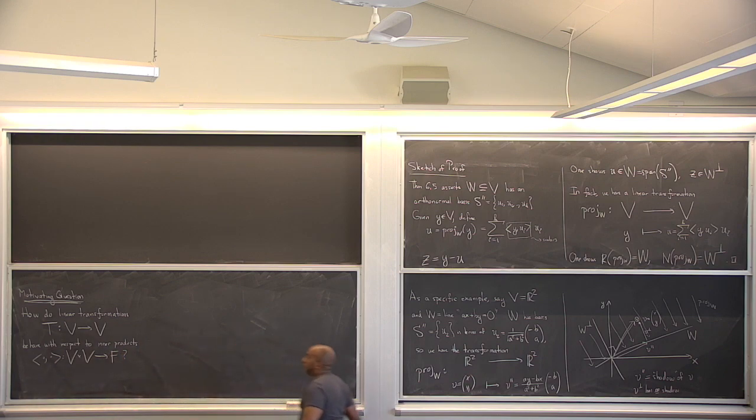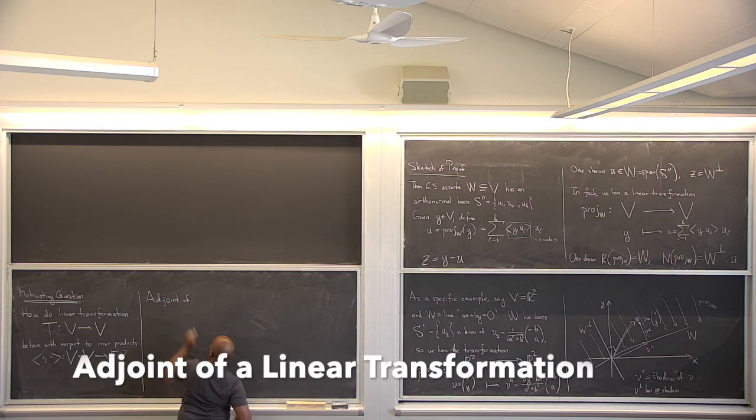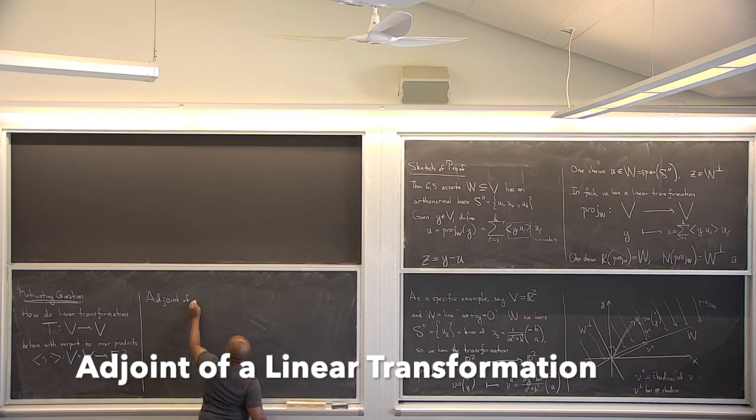And of course, this is being very vague, but this is what we want to focus on. So this leads to what's called the adjoint of a linear transformation.